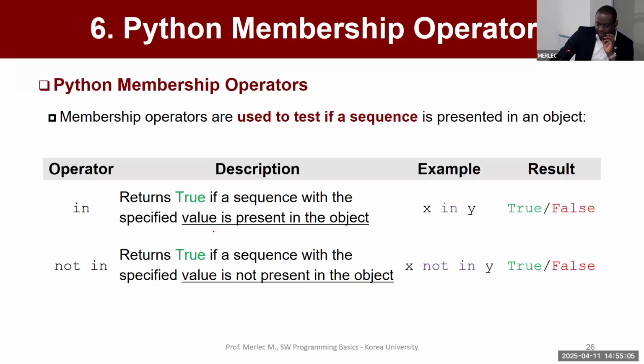And then in the case of the membership operator, you can also get another type of operations. So in is used to check whether a value exists in an object, like a list.